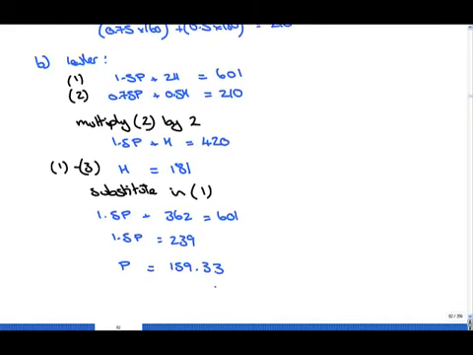So let's work out the contribution we get from our new optimal production plan, which is 181 lots of H and 159.33 hearses. So contribution. Our handbags generated $6.